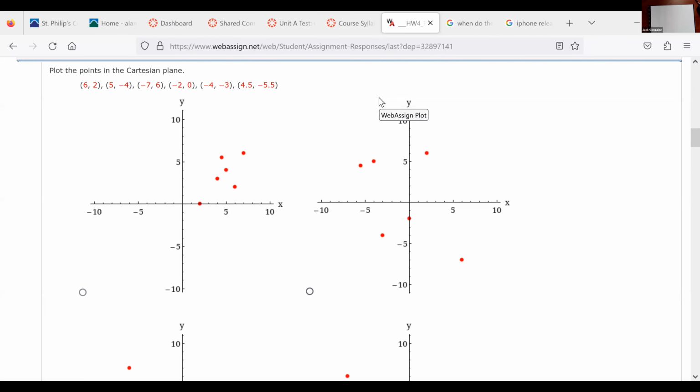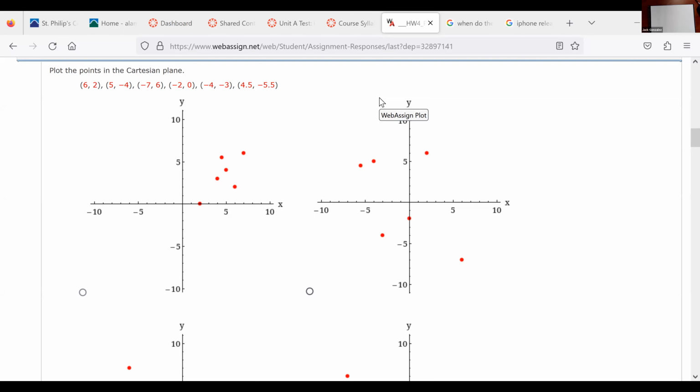All right, so always X, Y first. So honestly, we should just graph it ourselves. Let's ignore the dots. So 6, 2 means we go out 1, 2, 3, 4, 5, 6, and then up 2. So this is one of them. 5, -4, you'd go over 5 and then down 4.